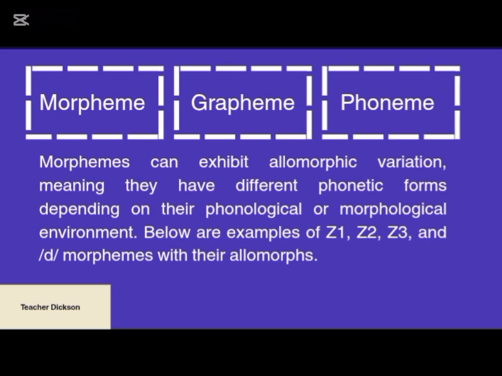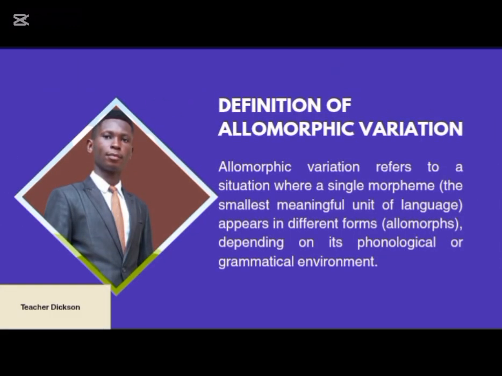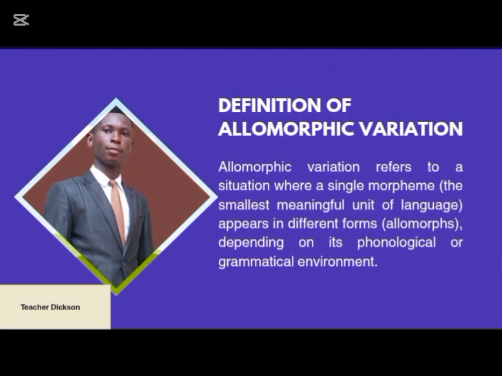Now let's delve into the meaning of allomorphic variation proper. Allomorphic variation refers to a situation where a single morpheme, that's the smallest meaningful unit of language, appears in different forms.